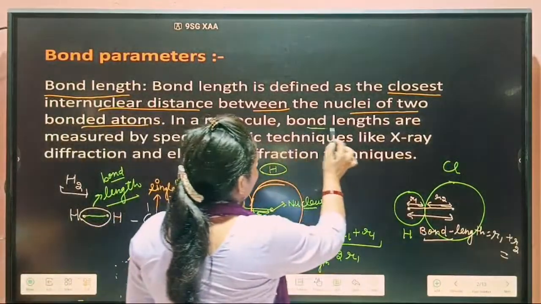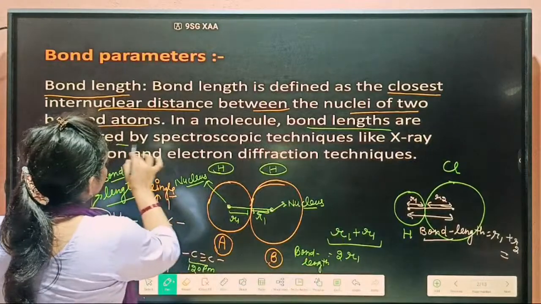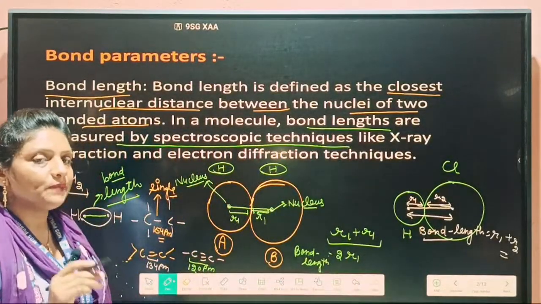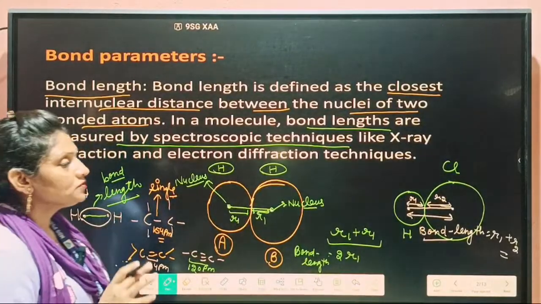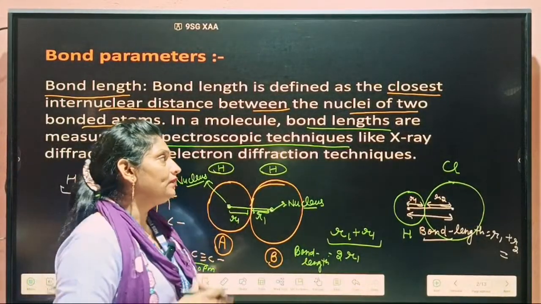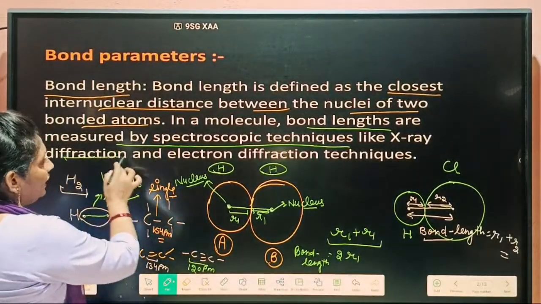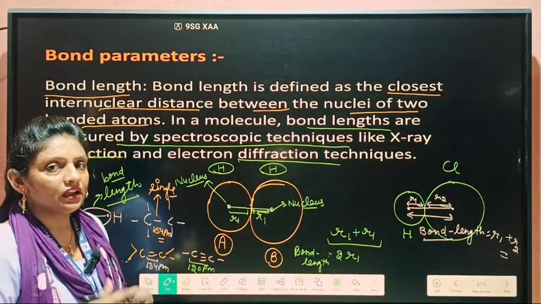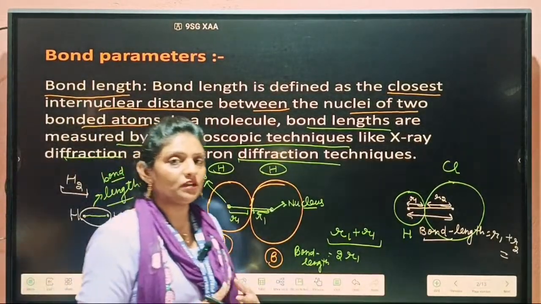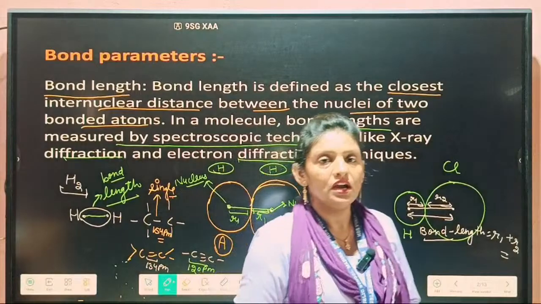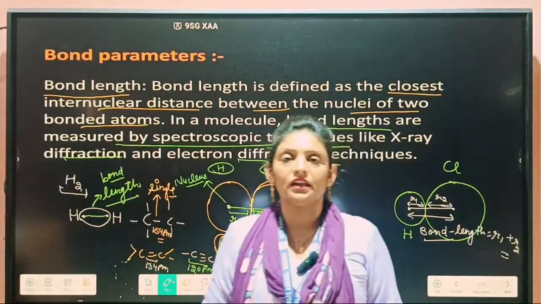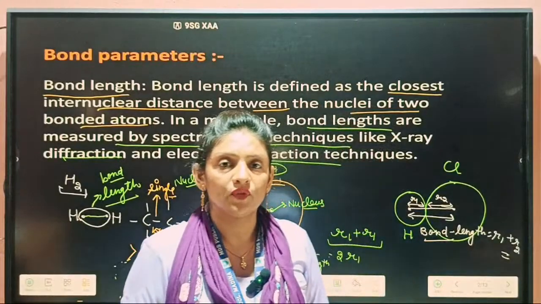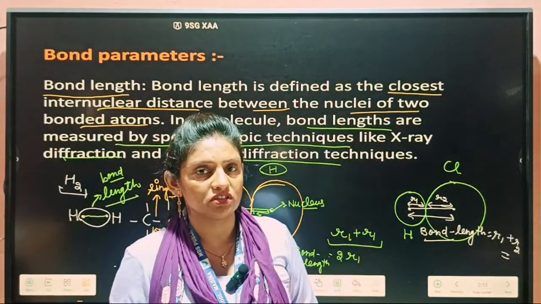In a molecule, bond lengths are measured by spectroscopic techniques, like X-ray diffraction and the electron diffraction technique. This is experimental data, students. Experimentally we can tell about the bond length between two bonded atoms. I hope this concept is clear to you.